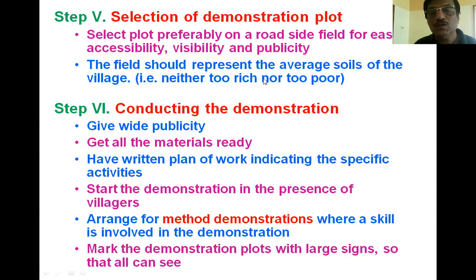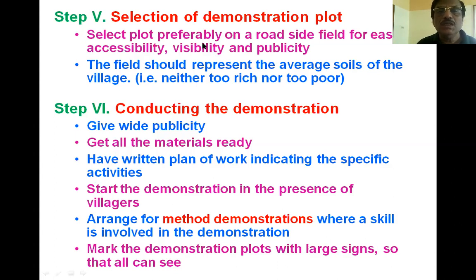If the soil is too poor, if the field is not fertile, you cannot prove the results of the new practice. So the field should represent the average soils of the village for conducting a successful demonstration.